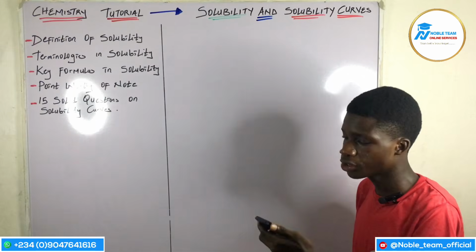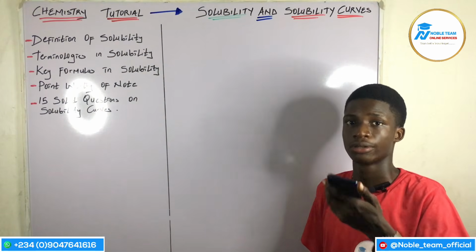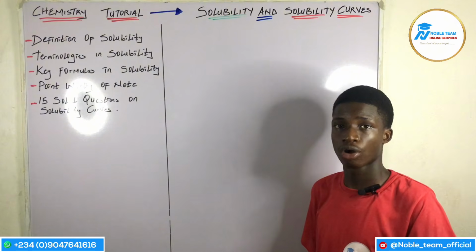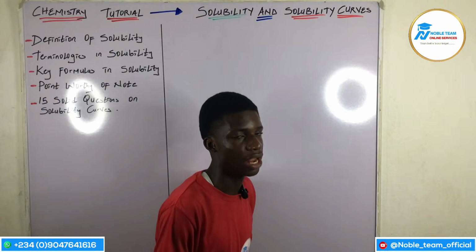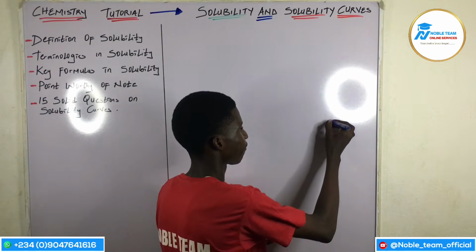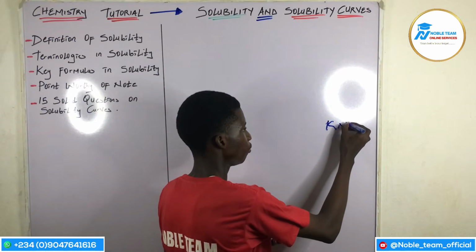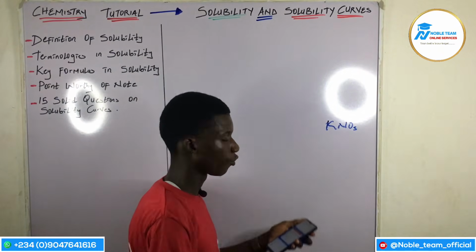Now let's solve. Which formula are we going to be using? The one that does not involve volume. Do you understand? Now what is the molar mass of this potassium nitrate? This is the chemical formula for potassium nitrate, KNO3.